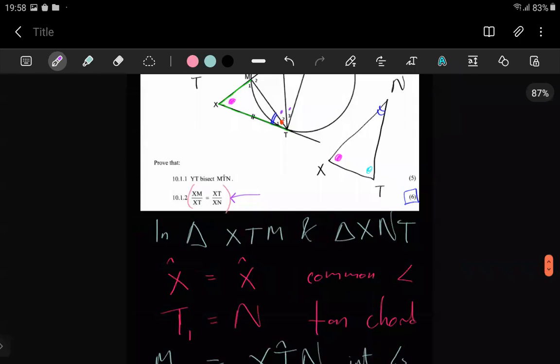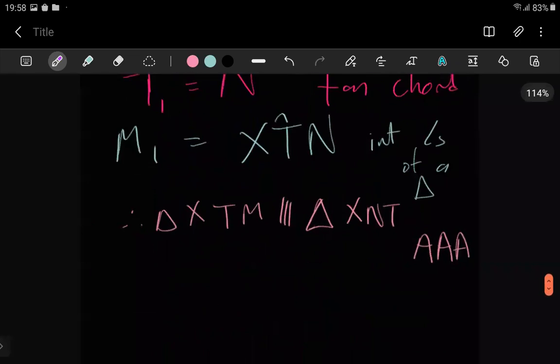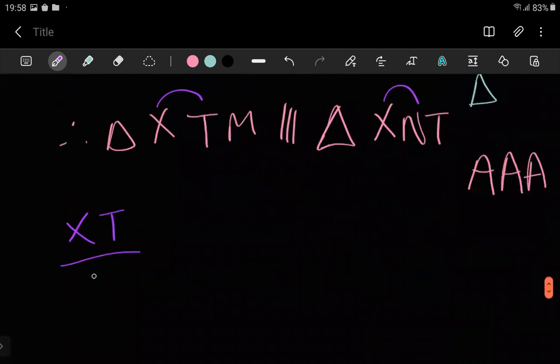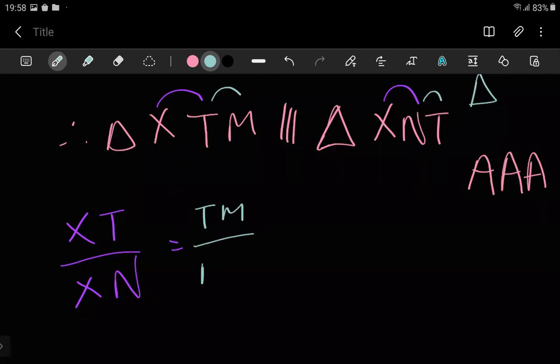So since our triangles are labeled correctly, we are able to then write out that XT over XN is equal to TM over NT, which is also then equal to XM over XT.